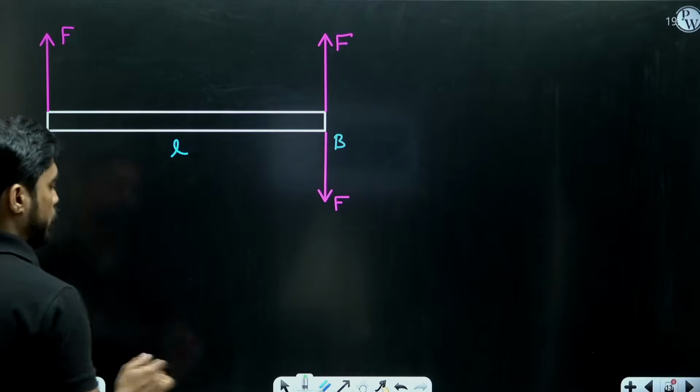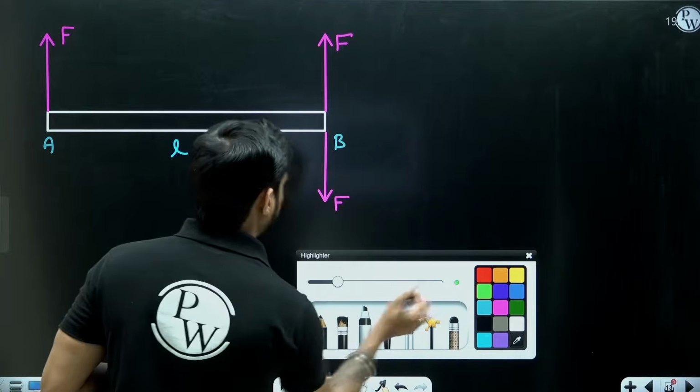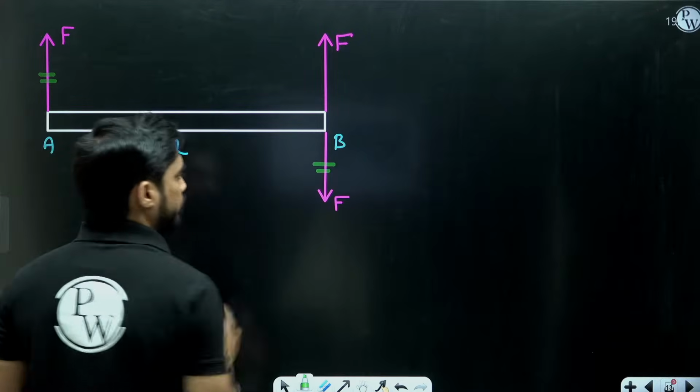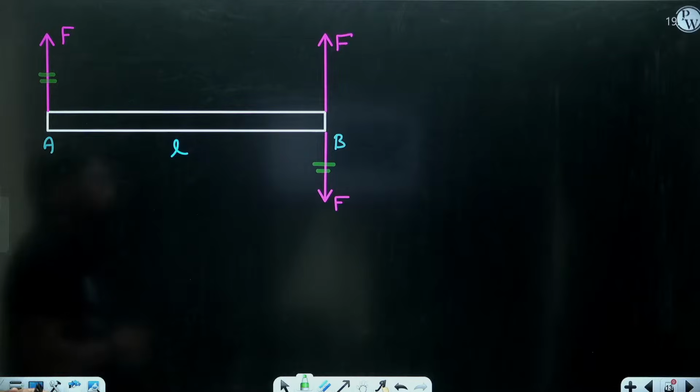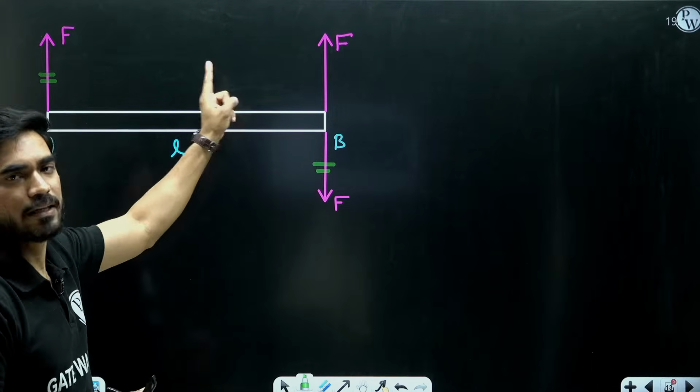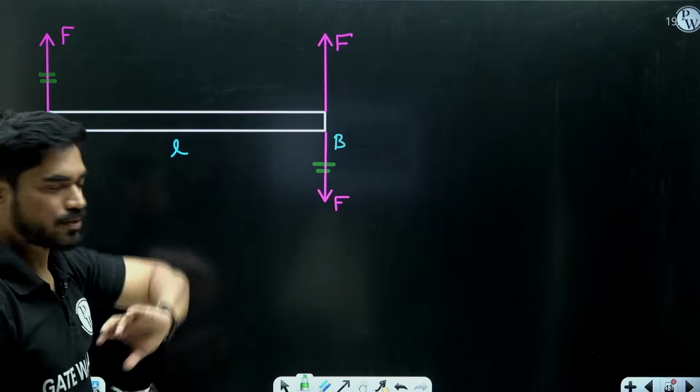Now what I want you to do is, this force and this force, we can remove these two forces and we can put a couple in place of these forces.